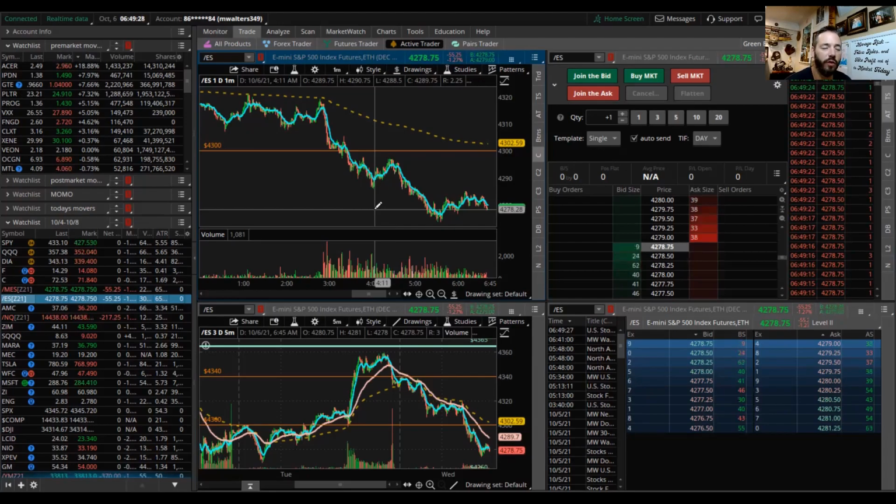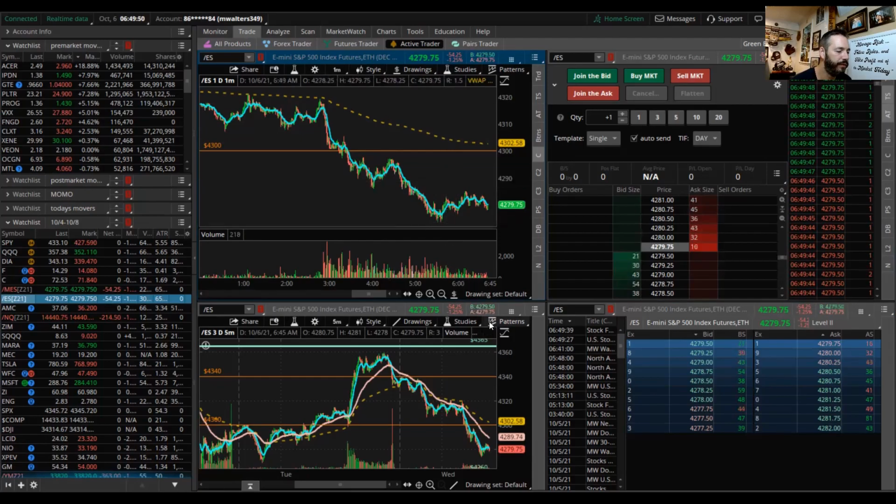Although we're down so much already, I kind of want a bounce here before the market opens at 9:30. Now it's only 6:50 in the morning. You almost have 2.5 hours left to the bell. So the futures can definitely start to rise, and that's what I would be hoping for.